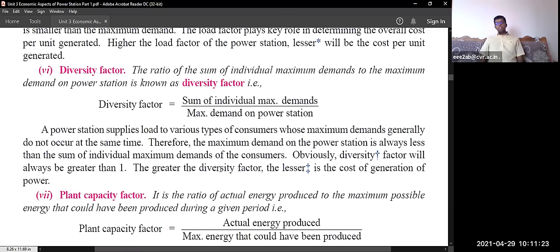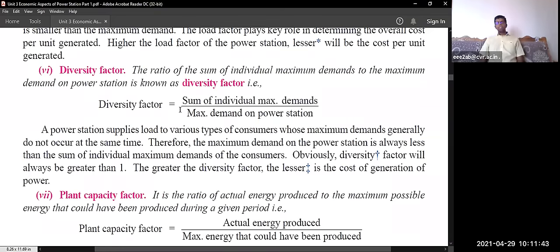The greater the diversity factor, the lesser is the cost of the power. If the diversity factor is greater, the cost of generation will be less.